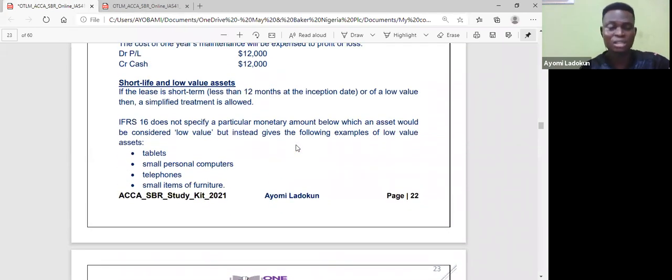I think I explained yesterday that there are two exemptions to lease accounting: leases of low value and leases of short term. If you have a contract of low value, you don't take it as a lease. What is low value? It's a matter of judgment and materiality. A short-term lease is less than 12 months, or 1 year, and will not be taken as a lease.